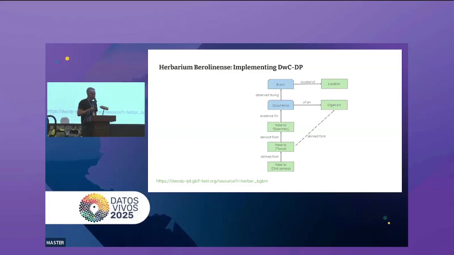These are the arrows. They show this chain of derivation, and the arrow that I just added is the only exception. We have some tissue samples that are not taken from a specimen. For example, if the tissues are taken directly in the garden, there's no specimen gathered, so these tissue samples are derived directly from the organism in the garden.